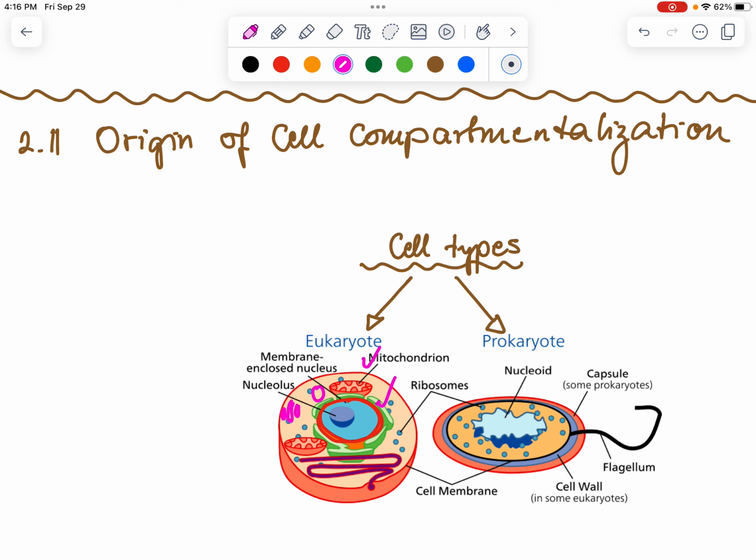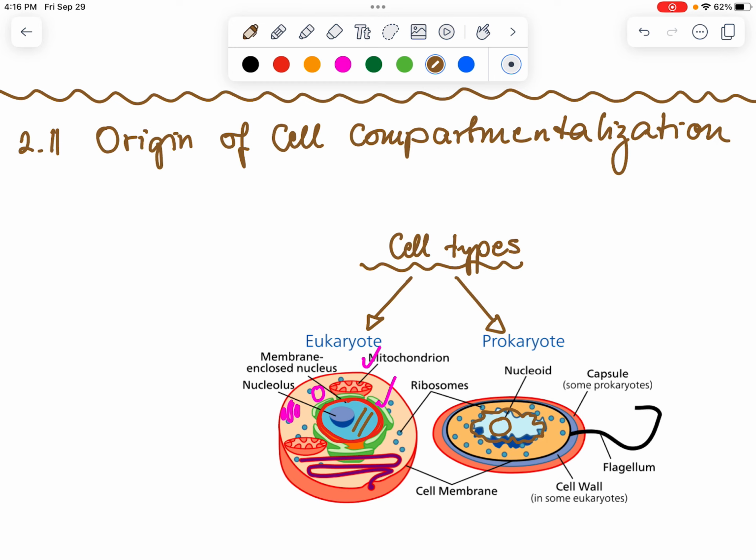Prokaryotic cells contain, for example, a nucleoid region where they have their circular DNA, compared to the eukaryotes who have linear DNA in their nucleus.